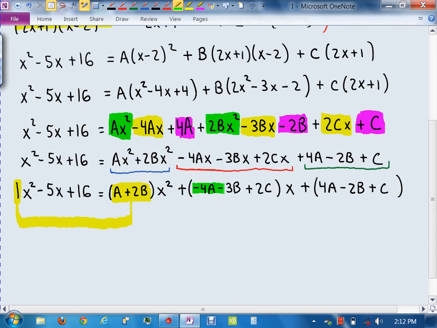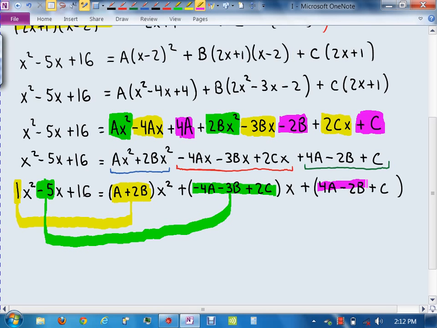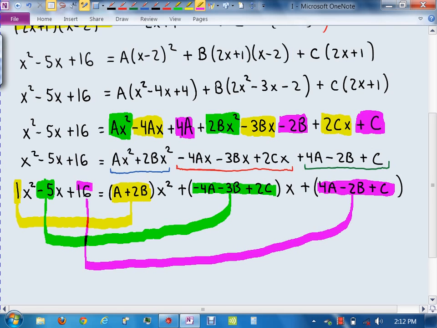The negative 4a minus 3b plus 2c must match up with the negative 5 sitting here. And then lastly, all this junk sitting out here has to match up to be 16. Doesn't it? So let's write that down.